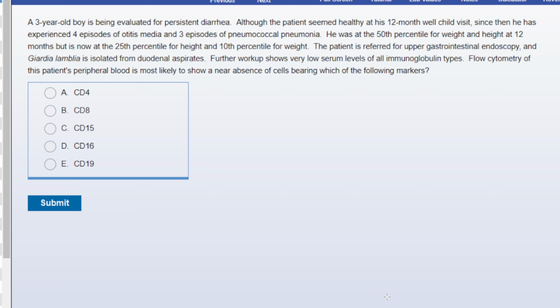They're going to do a flow cytometry in these patients. They're asking you which cell is going to be low in this case. So the answer should be CD19.